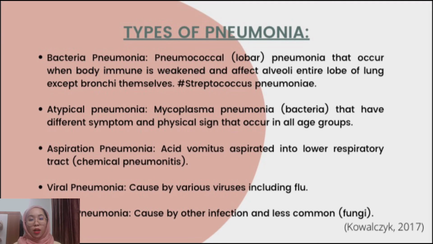Aspiration pneumonia occurs when acid vomitus is aspirated into the lower respiratory tract. It can also cause chemical pneumonitis. The fourth type, viral pneumonia, is caused by viruses, including the flu. And the last one is other types of pneumonia, which can be caused by other infections, and it is less commonly caused by fungi.